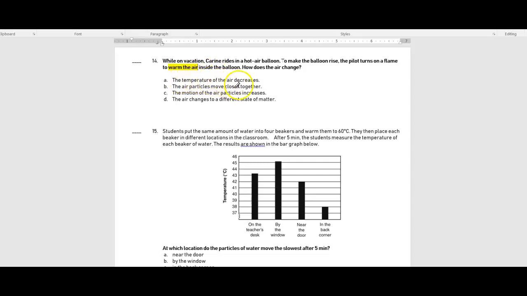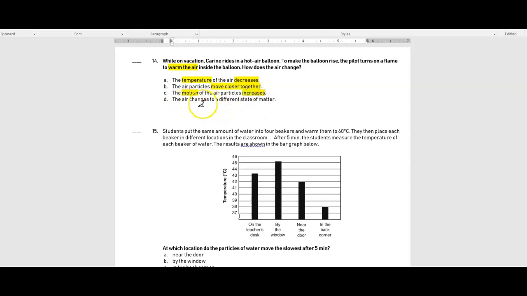The temperature of the air decreases. So we have temperature decreases. The air particles move closer together. The motion of the air particles increases.